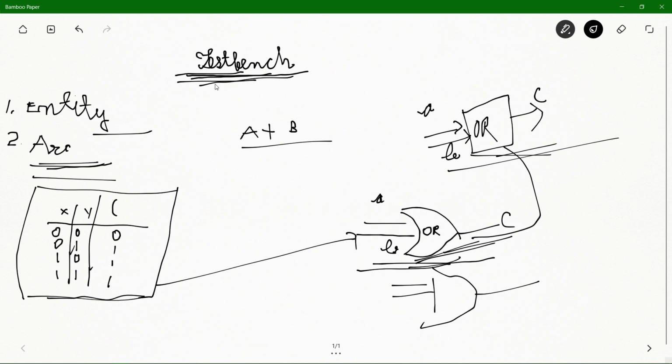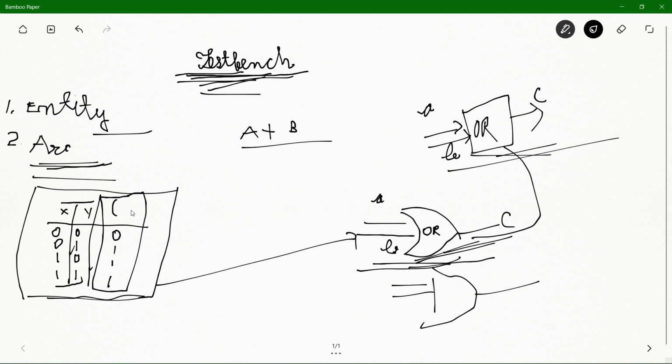So in the case of a test bench, we will be giving my compiler these inputs, and as a result of these inputs that I will be writing in my test bench, my compiler will give me the output. What will my compiler give?